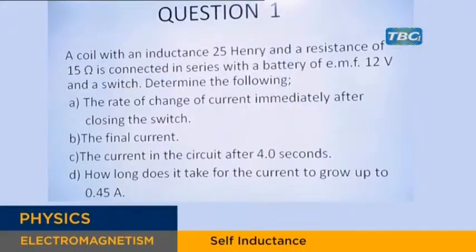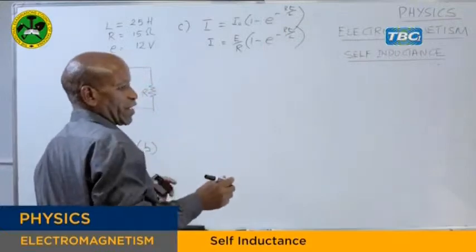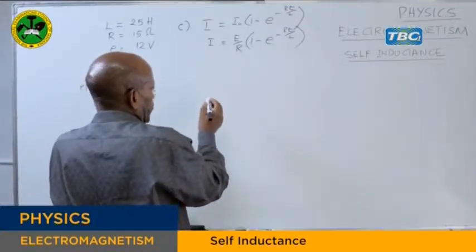To part D, the last part. How long does it take for the current to grow up to 0.45 ampere? So really, it takes us to the same expression as that for part C. Here we need to determine the time t for the current to grow up to 0.45.